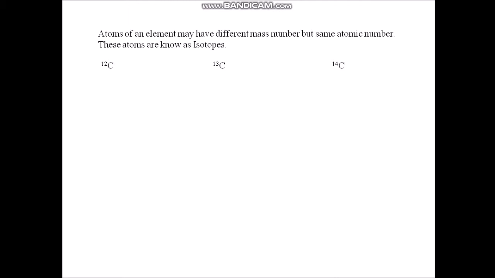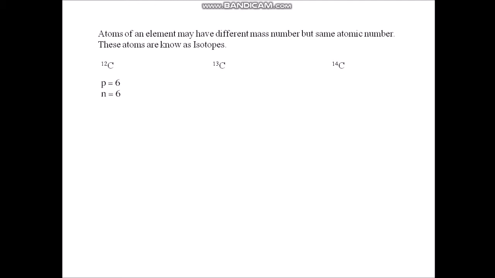Now, you can see here the 3 carbon atoms, and they have 3 different numbers there: 12, 13 and 14. And what do these numbers signify? They signify the mass number. So carbon has 6 protons, and in the first case it has 6 neutrons. If you add those two, the mass number is equal to 12.